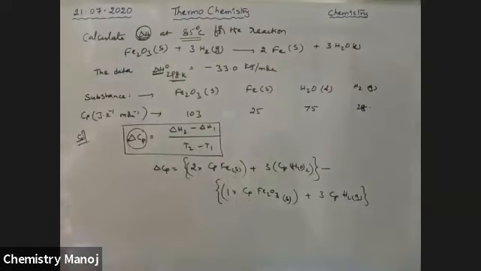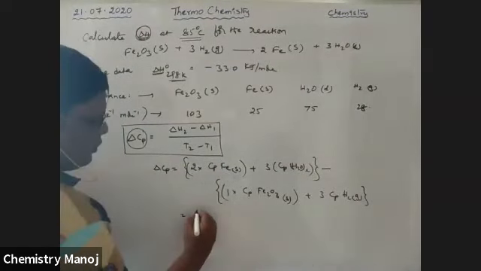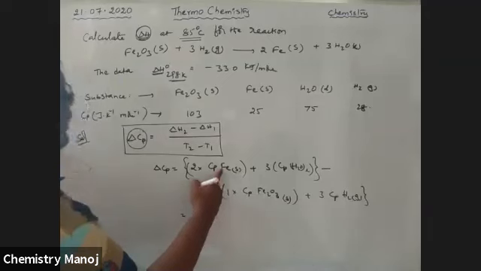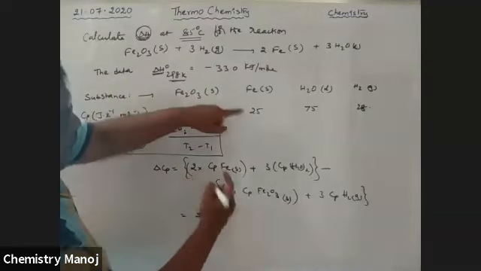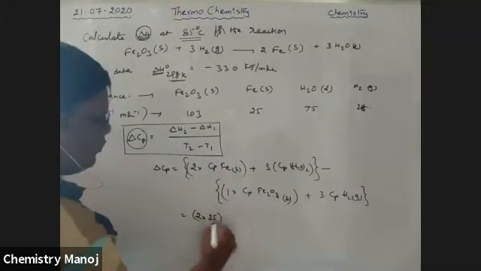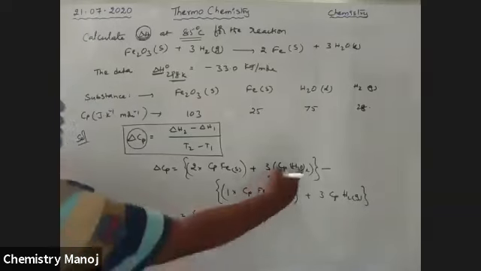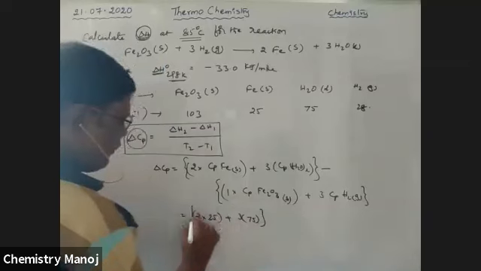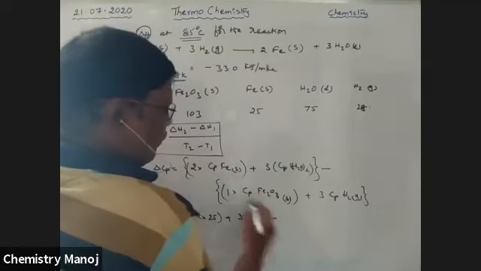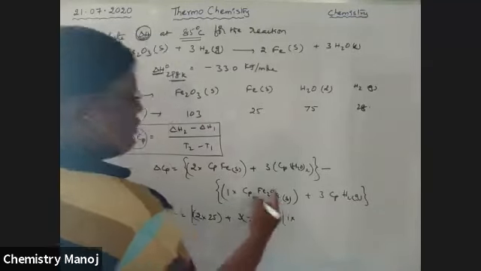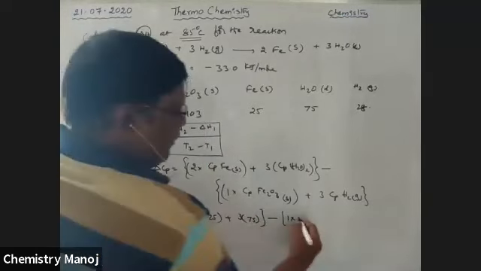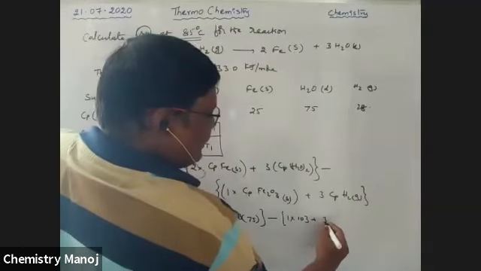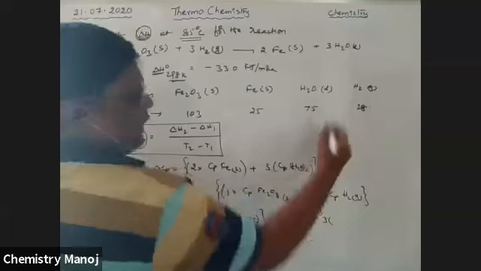So finally we get: 2 into Cp of iron solid, which is 25, plus 3 into Cp of H2O liquid, 75, minus 1 into Cp of Fe2O3, this is 1 into 103, plus 3 into Cp of H2, that is 28.